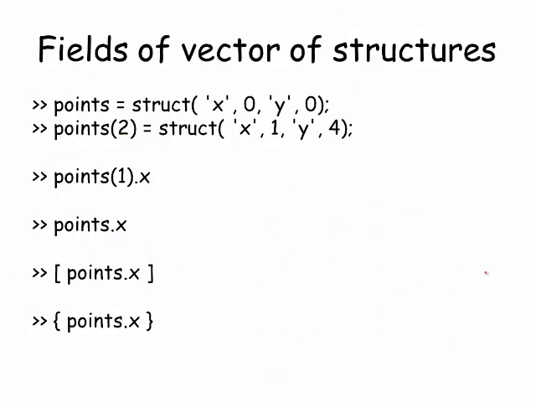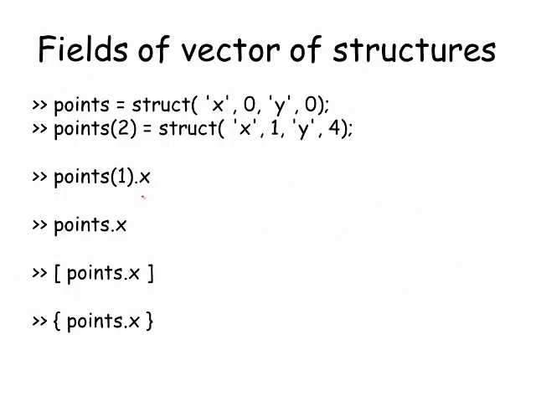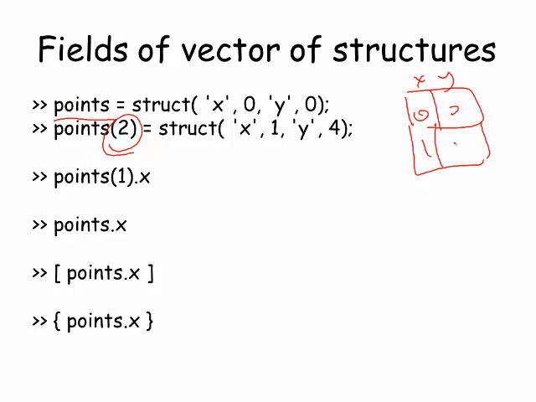All right. So let's do this exercise quickly to give examples of how to access the fields. I'm creating a point structure. The first element will contain x 0, y 0. The second point will contain x 1, y 4. And I'm referring to point 1, the first point, and x field, which will give me a 0.